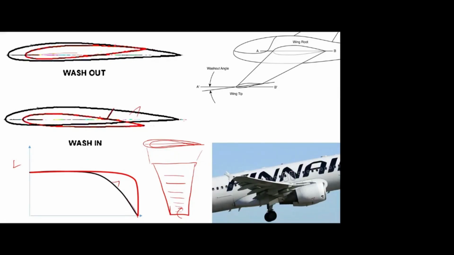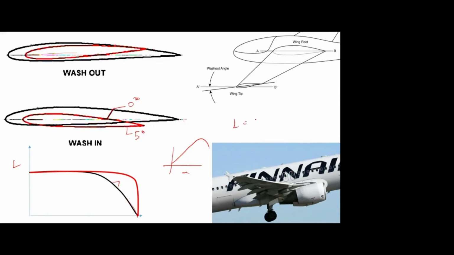Instead, if you go for this wash-in, assume this is at 0 degree and this tip airfoil is at 5 degree. If the angle increases, CL also will increase, right? So compared to here, this will produce more CL, so lift also will increase, because lift is equal to half rho v square CL.